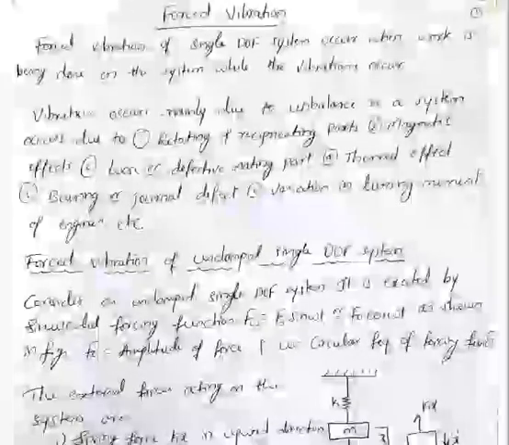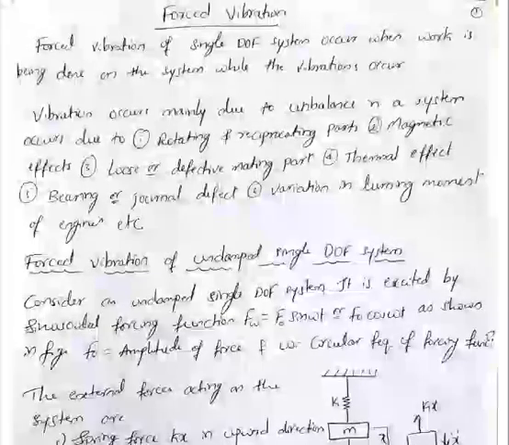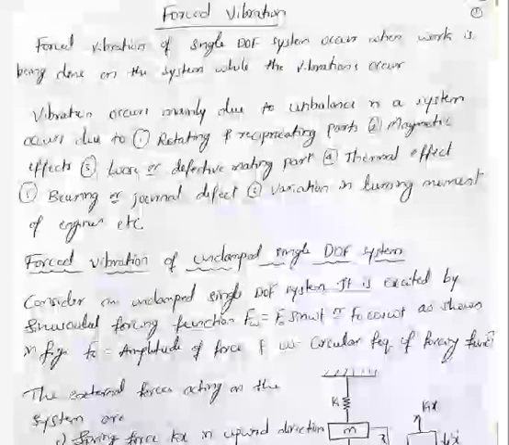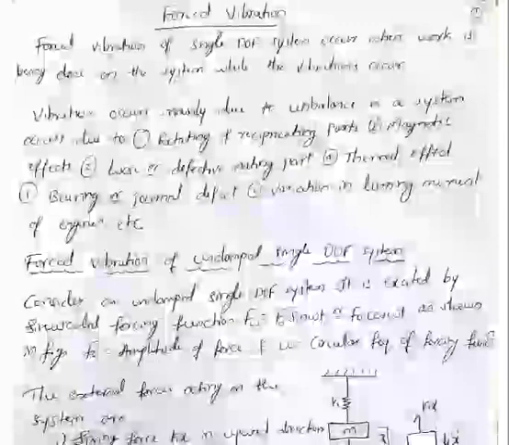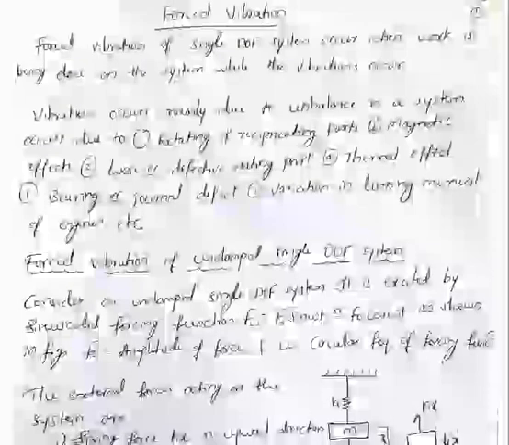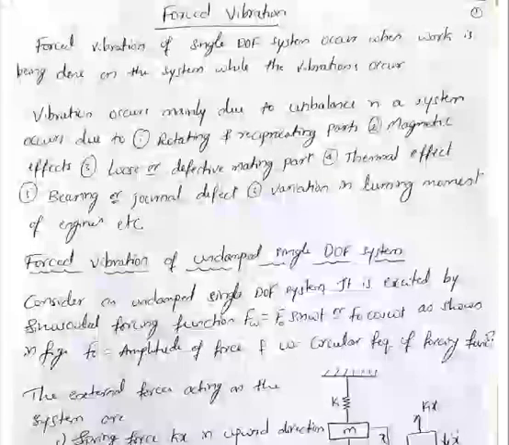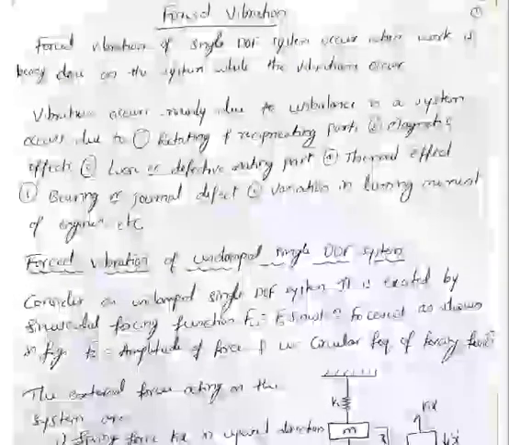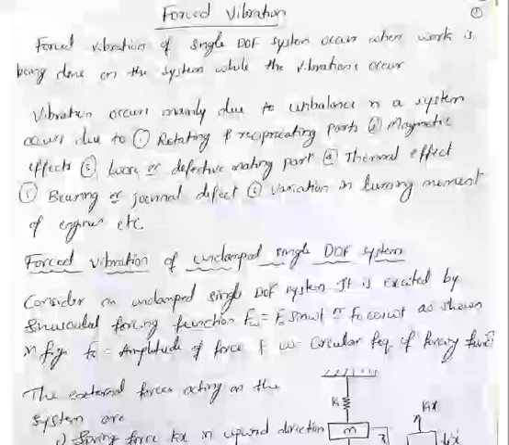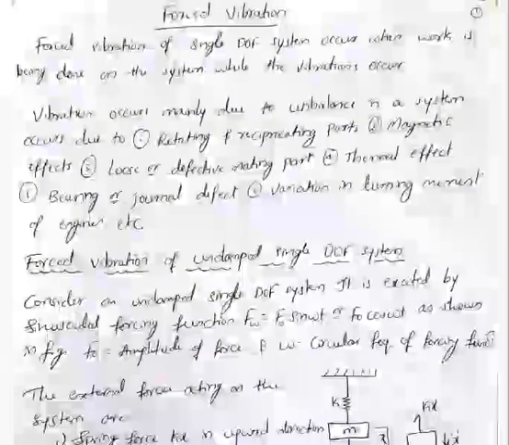The unbalance in the system occurs due to, first, rotating or rotating and reciprocating parts; second, the magnetic effects; third, loose or defective mating parts; fourth, the thermal effects; fifth, the bearing or journal defects; and the next one is the variation in the turning moment of the engine, or there are many other reasons.